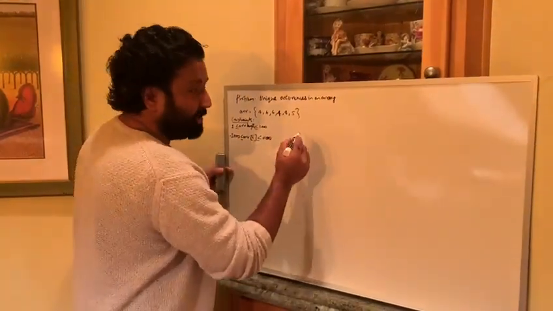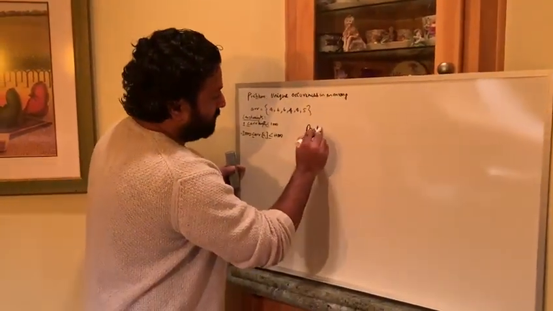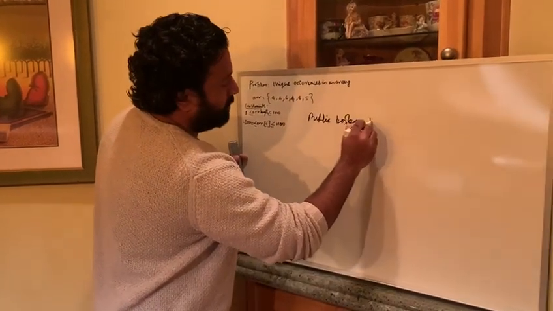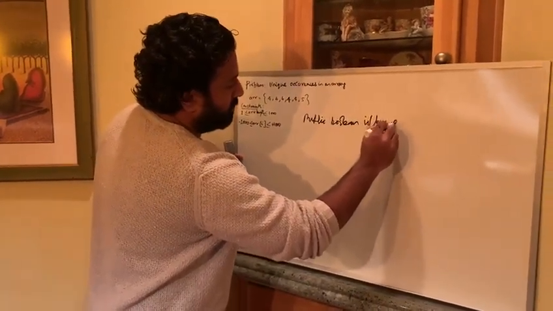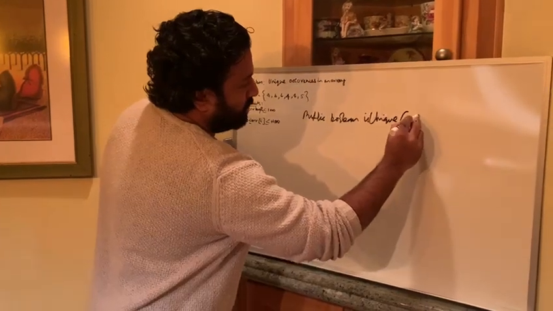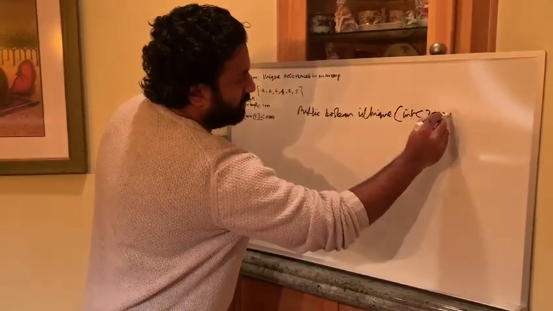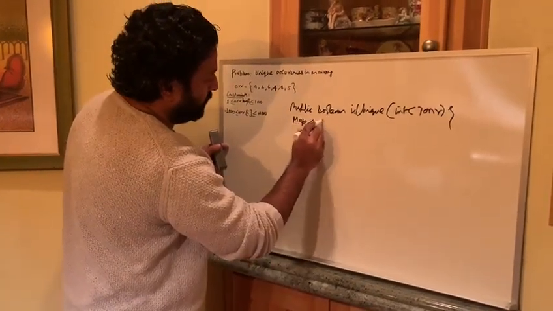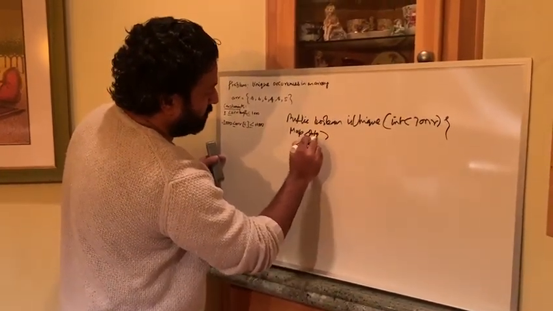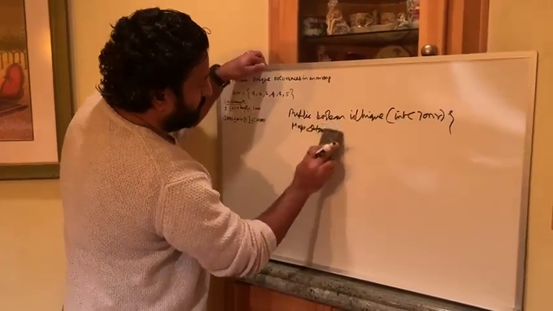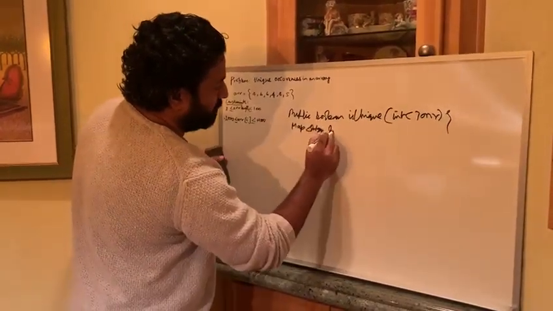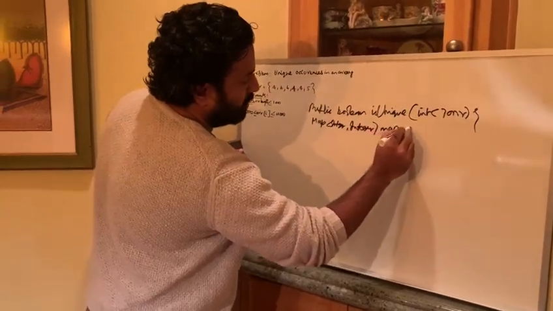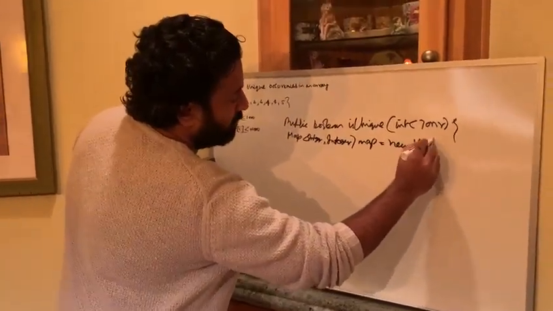For example, let us see the code. Public boolean isUnique has an integer array as an input. We create a map of integer, integer, a new HashMap.